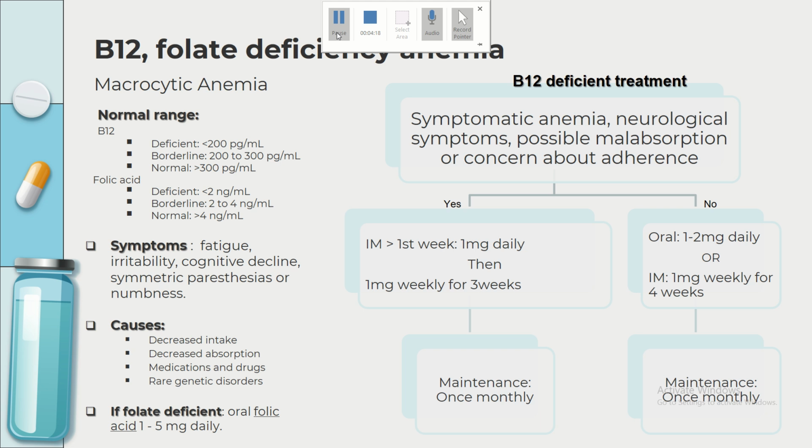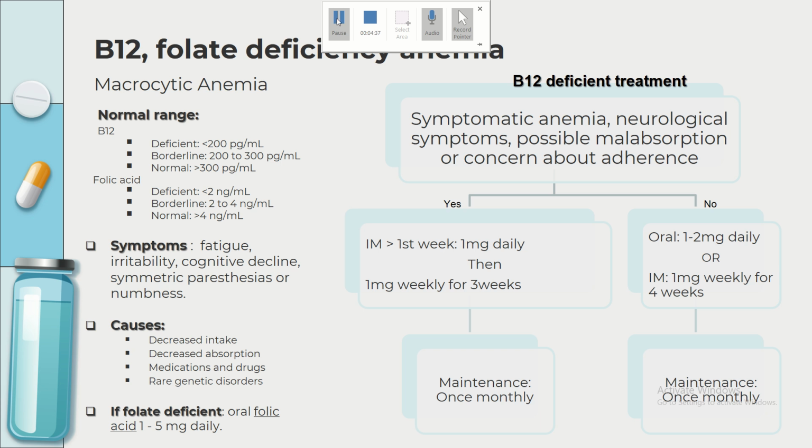And the normal level for folic acid is above 4 nanogram per milliliter. If the reading is between 2 and 4 nanogram per milliliter, this will be considered borderline. Less than 2 nanogram per ml will be deficiency.